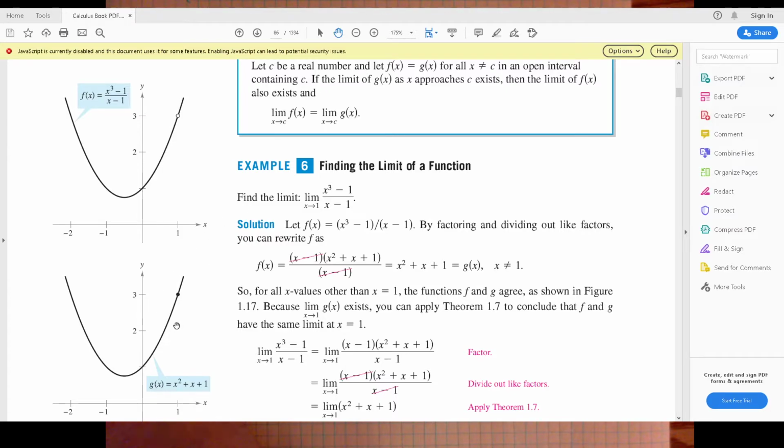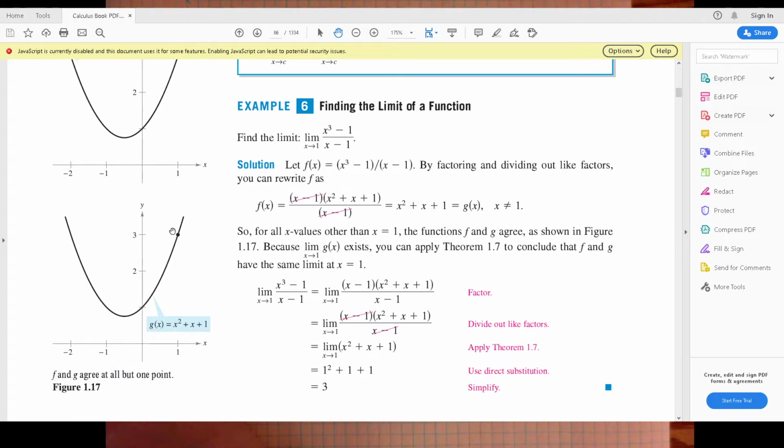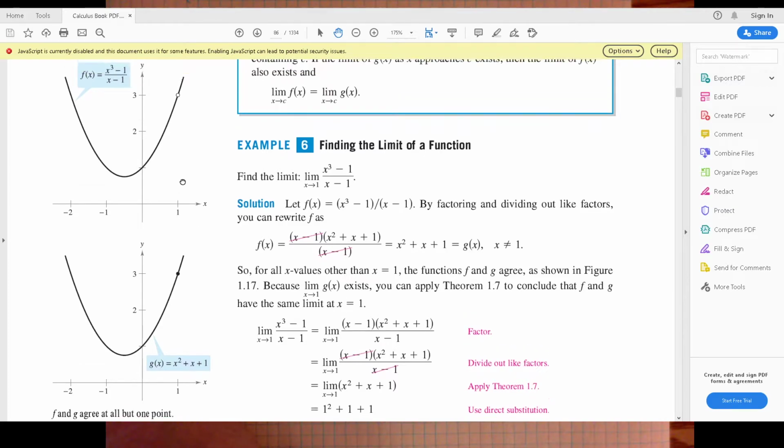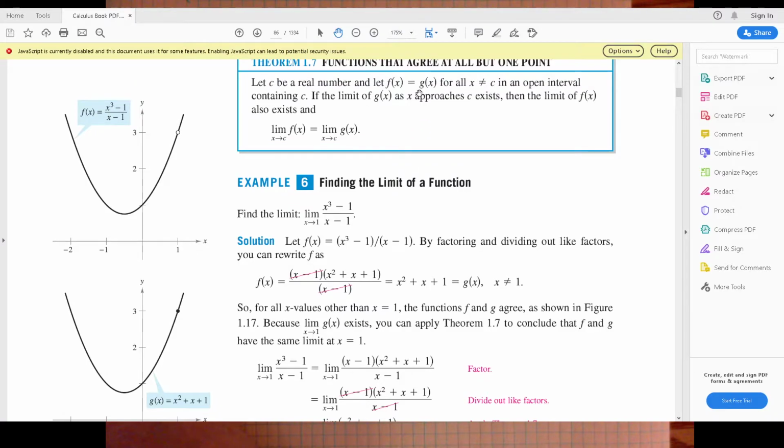However, this equation is much nicer to work with because when we actually do the problem, we get an answer, 3. And in the graph, we get an answer, 3. And if we do the analytical approach, we get an answer, 3. These two are different equations, but they act the same in terms of their limits.